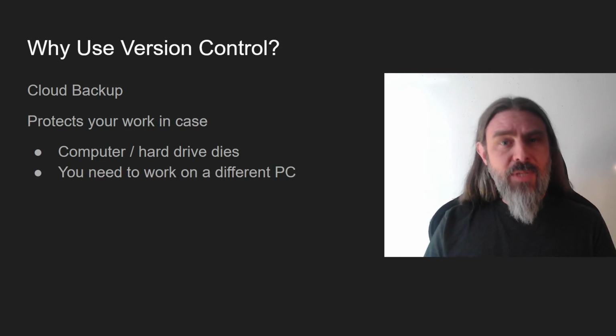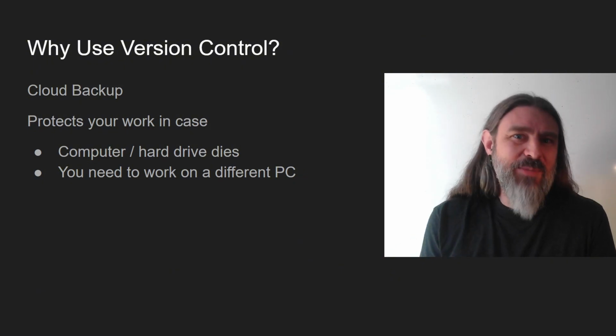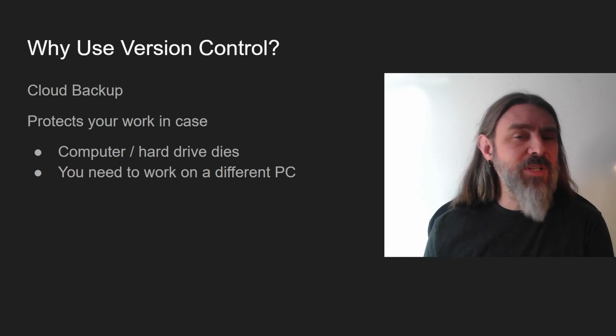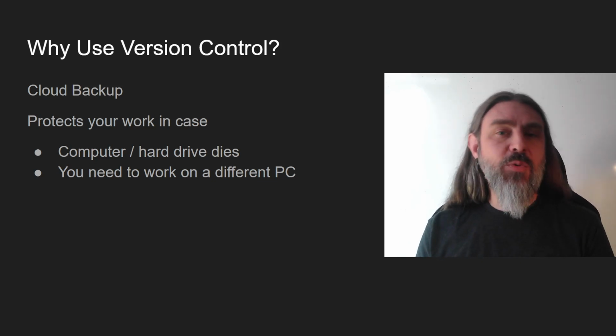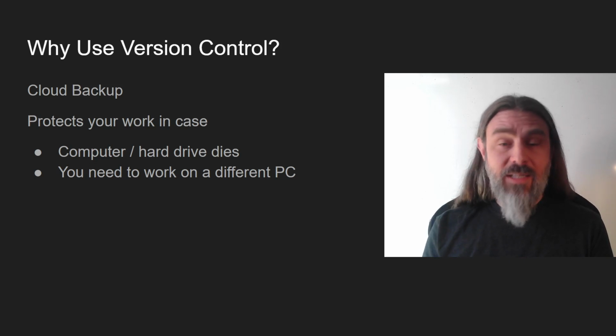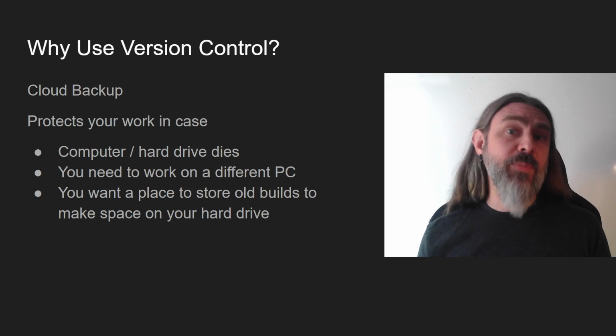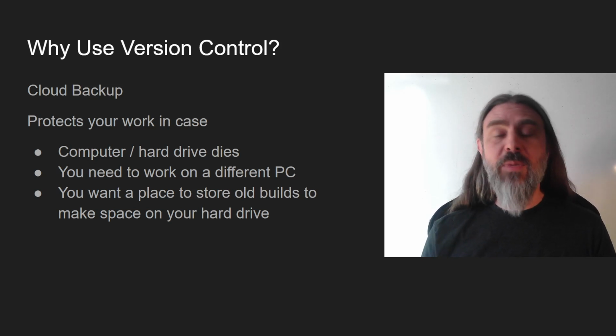I have my main PC, and then I also have a laptop. Sometimes the main PC is being used by the family, and I want to keep working on my game. I can switch over to the laptop, sync up to the most recent changes I made on the PC, and then keep working. You may also want a place to store old builds or old versions of the game to make space on your hard drive.